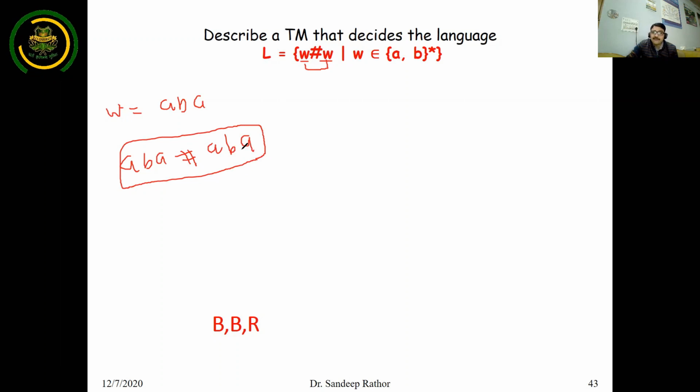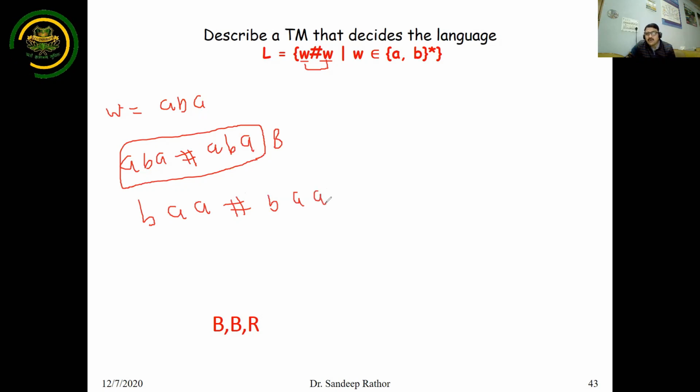After the end you will find the blank symbol, as usual in the construction of a Turing machine. One more possible string is BAB hash BAA, that is, after the hash you will find BAA.